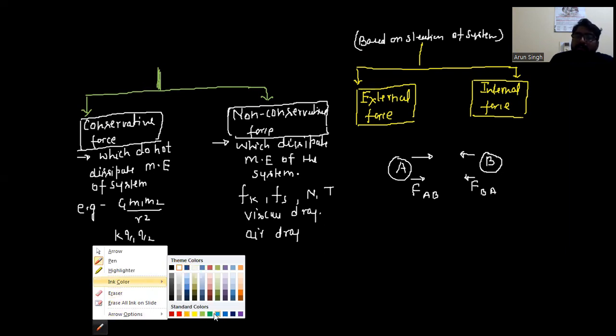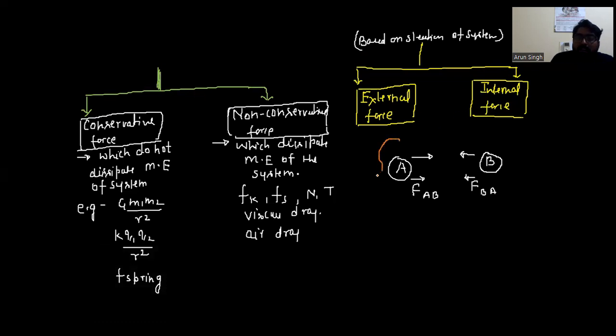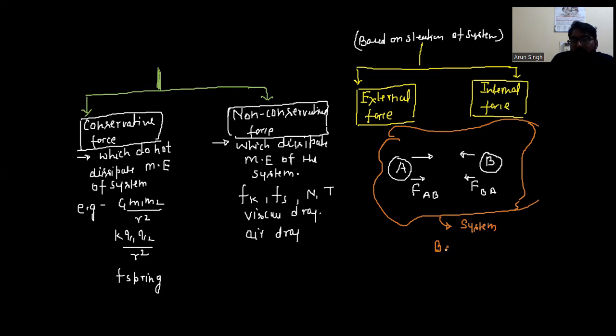How can you decide whether these two forces are external or internal? This is decided by the system boundary. If we choose a boundary like this, this is the boundary of the system. So what are F12 and F21, that is FAB and FBA?